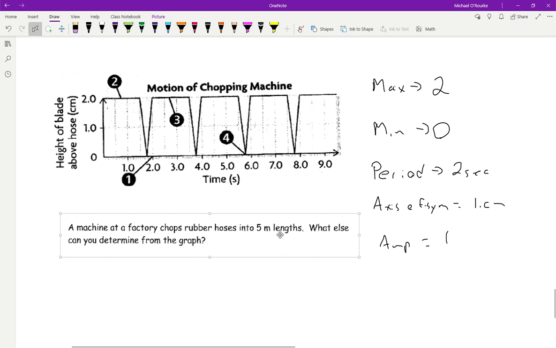What else can you determine from the graph? Can we determine some real world explanations for this machine? If you walked into the factory and told them it's got a max of 2, min of 0, period of 2 seconds, axis of symmetry of 1, and amplitude of 1, they'd probably kick you off the factory floor. What do those things mean in real terms?